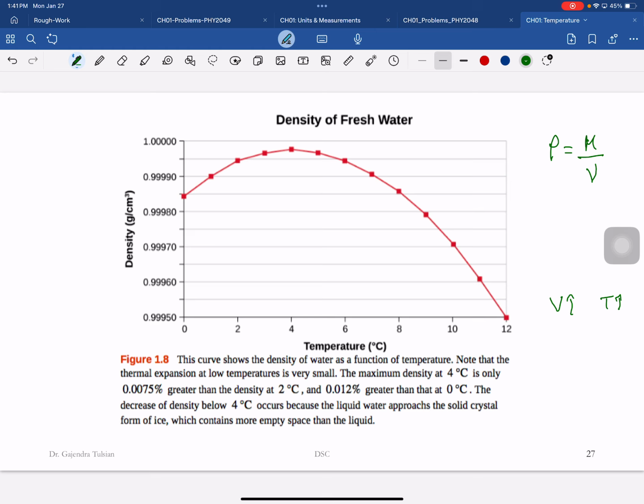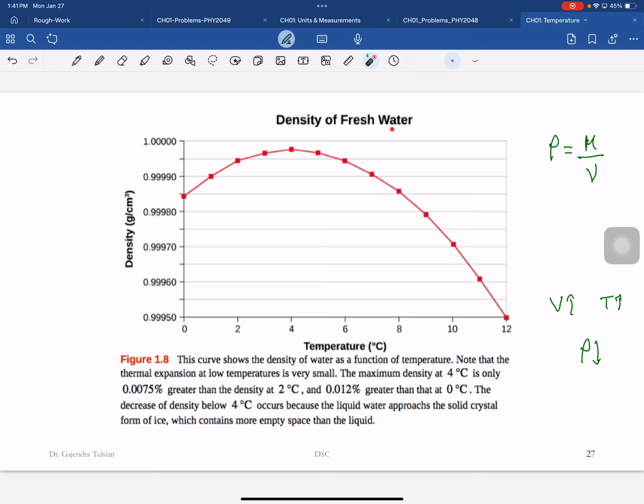And so as temperature increases, since volume increases, what happens to the density? It decreases. So if you increase the temperature of a substance, the density decreases.